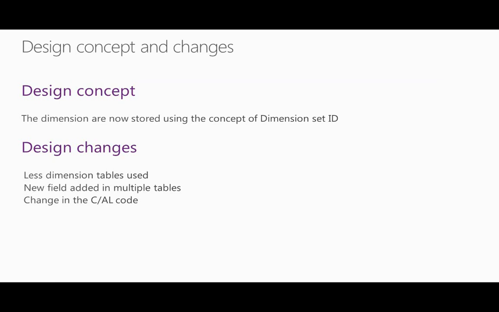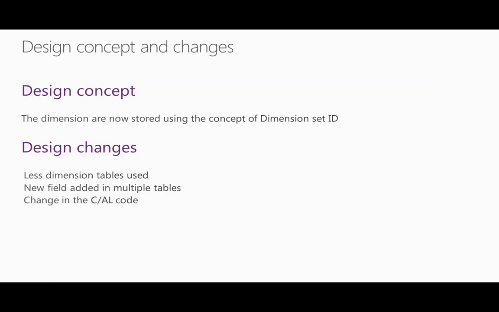In the new design, we introduce a new concept: a new field called dimension setID. Dimension setID is a unique number that allows the system to recognize a specific set of dimensions used in the system.